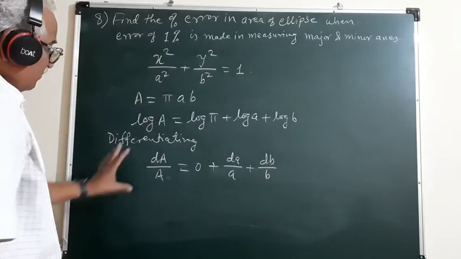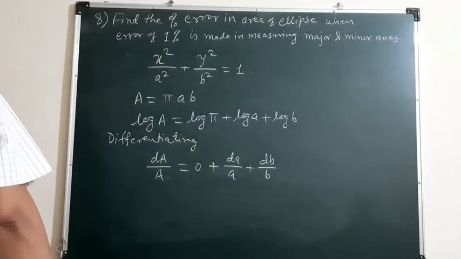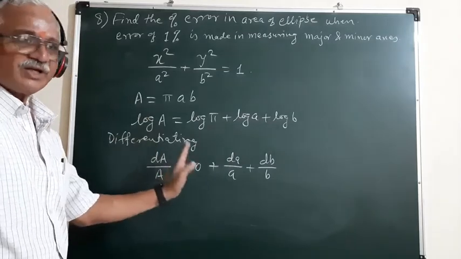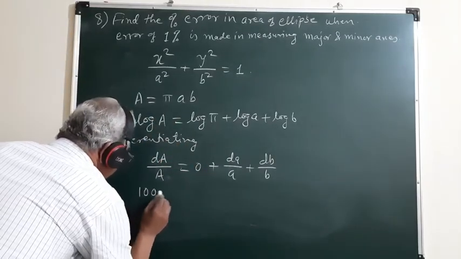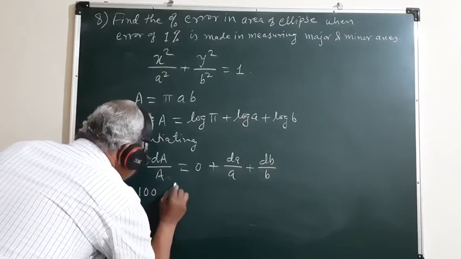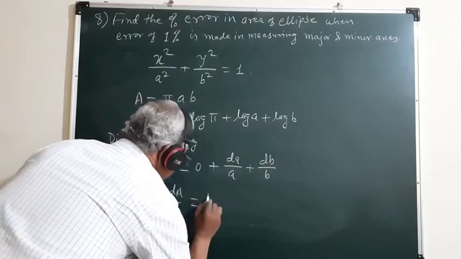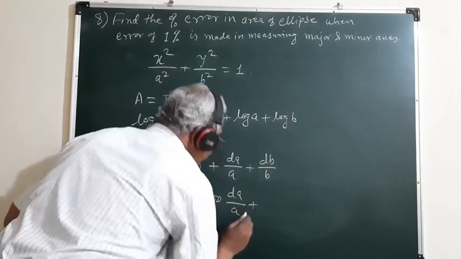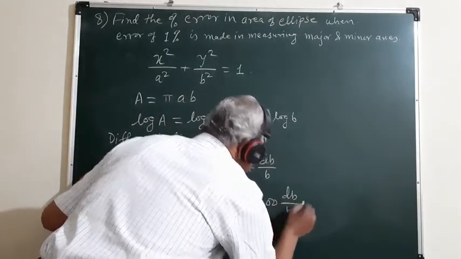So if these are the relative errors, then we can calculate the percentage error. To find the percentage error, we have to multiply the relative error by 100. So multiplying both sides of this expression by 100, we get 100 dA upon A is equal to 100 da by a plus 100 db by b.